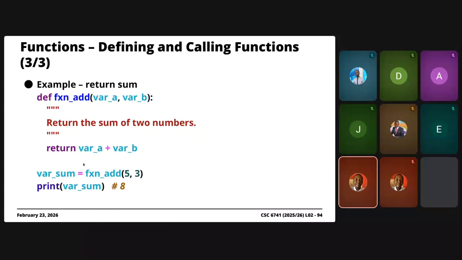And then in this particular example, I'm saying return the value of adding 5 and 3. I'm assigning the result of this to this variable var_sum because I know that this is going to return something. And then I print var_sum.